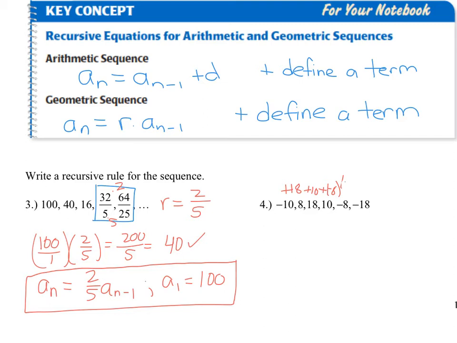I'm not adding the same thing every time. It's also not geometric. I know that because the negative becomes positive, which would mean I'd have to multiply by a negative, but then it stays positive, and a positive times a negative would get me a negative. So this is not arithmetic or geometric.